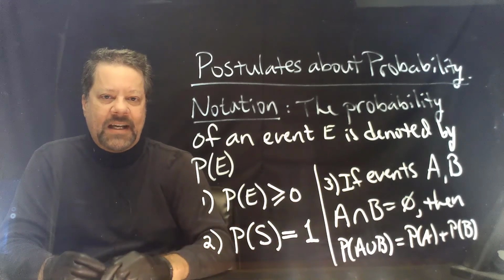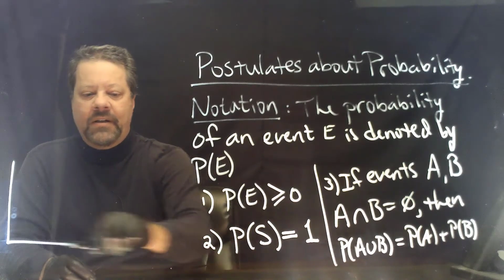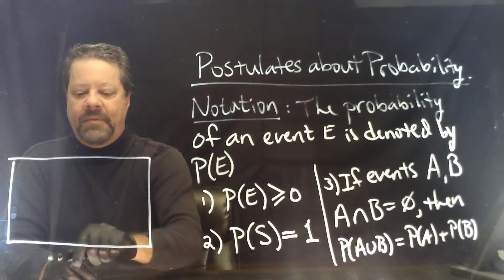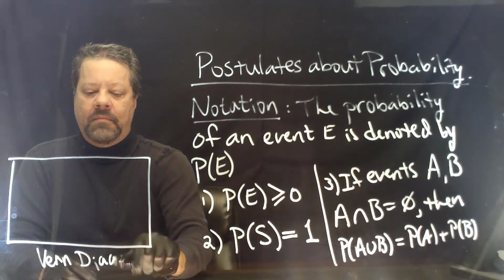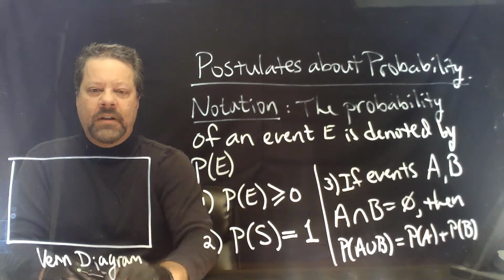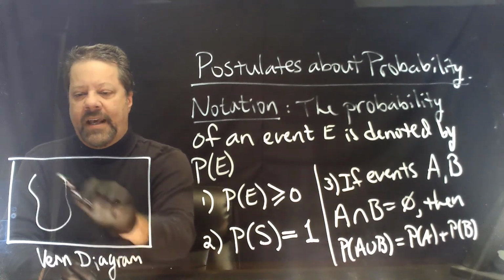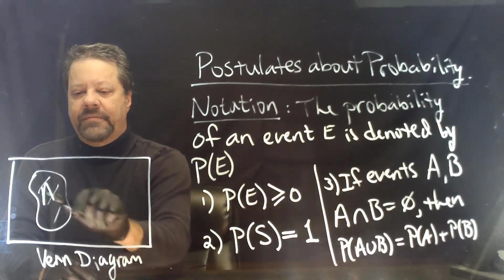To illustrate this idea, let me show you a Venn diagram. So event A might be over here.